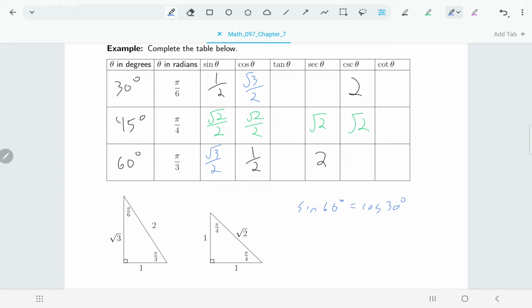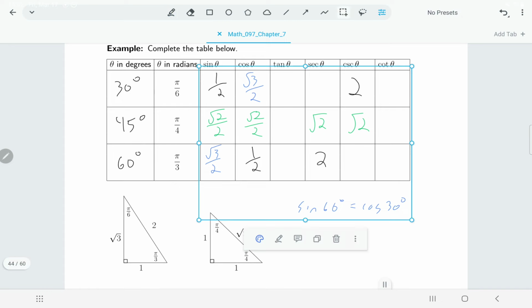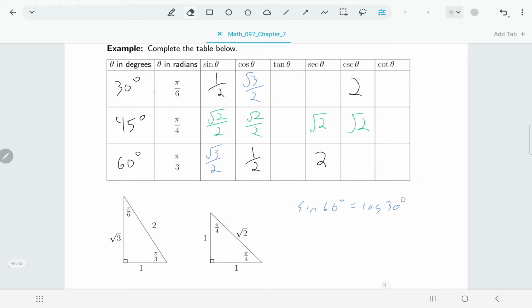And of course I can use my reciprocal properties to clean up the values for secant of 30 degrees and cosecant of 60. I know, since we were talking about 60 degrees, that sine is root 3 over 2.